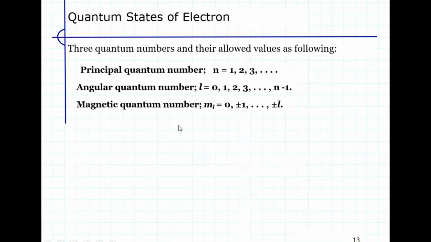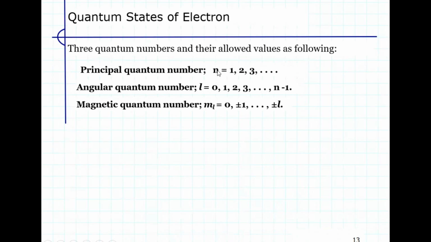So if I go through summing up the overall picture of the electron in the hydrogen atom and its quantum states, then 3 quantum numbers are allowed, and their possible allowed values are given by these. The first is the principal quantum number, second is the angular quantum number, third is the magnetic quantum number: N, L, ML.